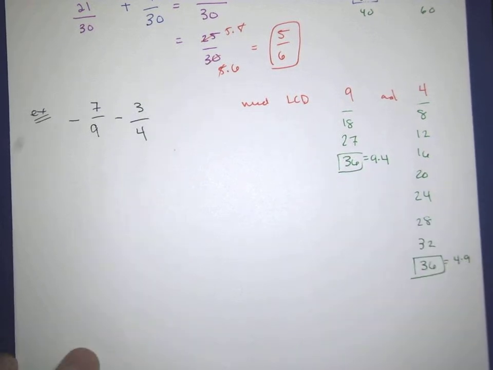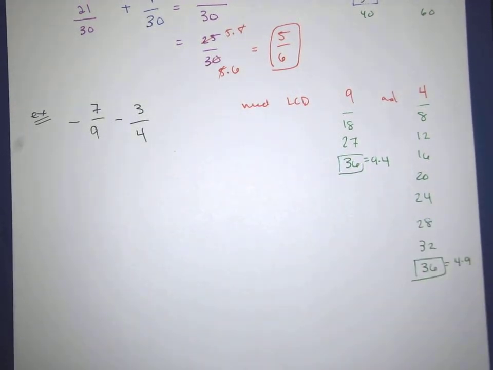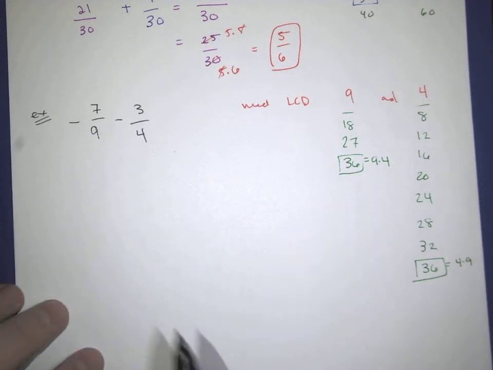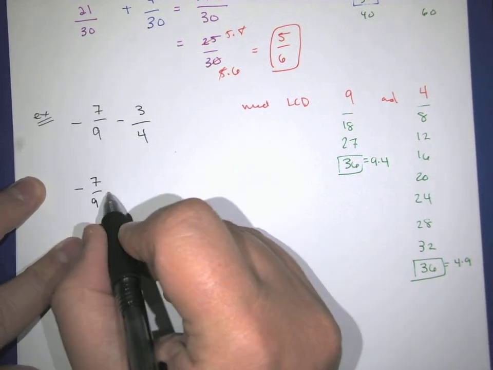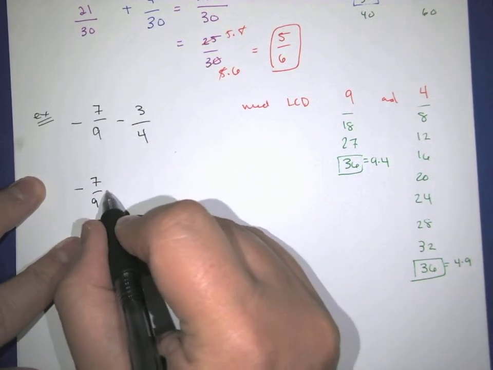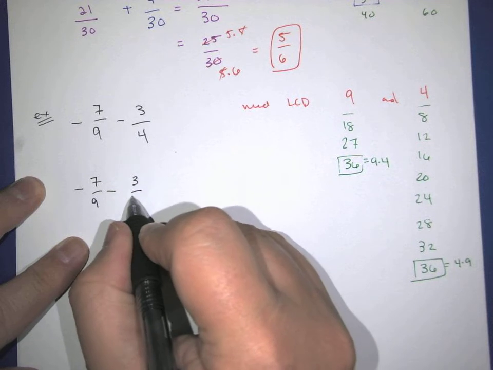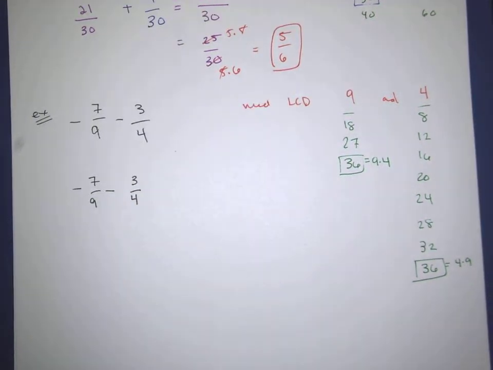If we did the breakdowns, we would see 9 would be 3 times 3, 4 would be 2 times 2. There's no overlapping factors here. So if there aren't any overlapping factors, the least common denominator is just going to end up being the product of the two together.